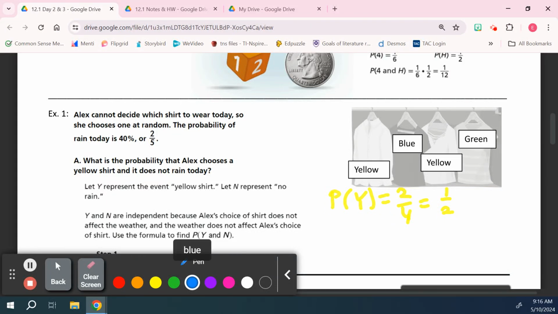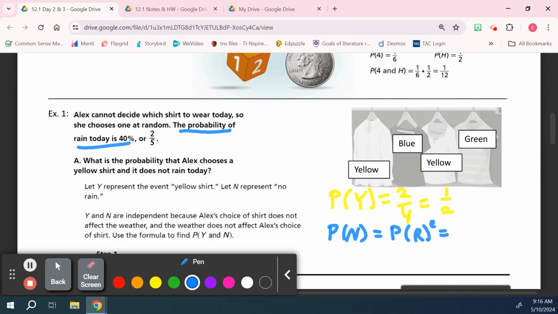Now we have to talk about the probability of it not raining. Okay? Now they're calling it N, but as you can see here, they put the probability of rain is 40%. So what we're actually doing is we're finding the probability of rain complement. Remember that from yesterday?